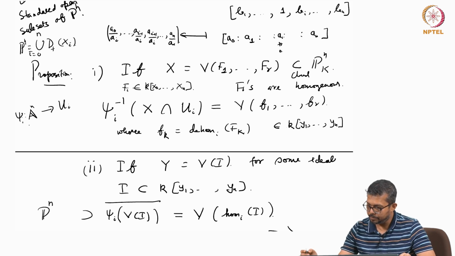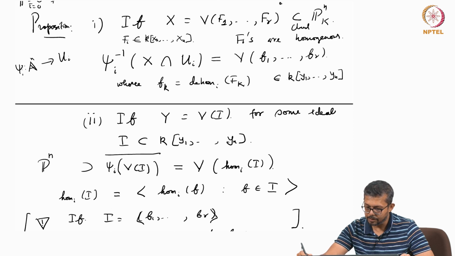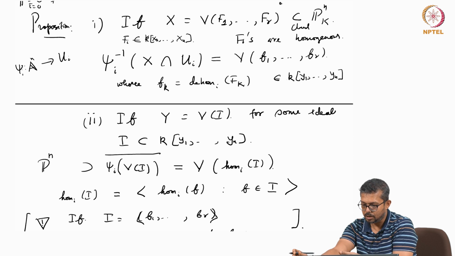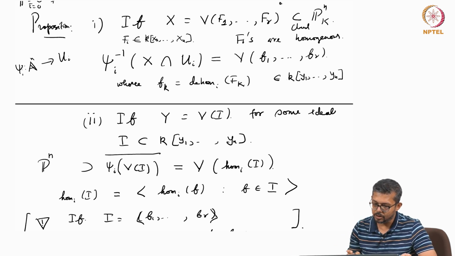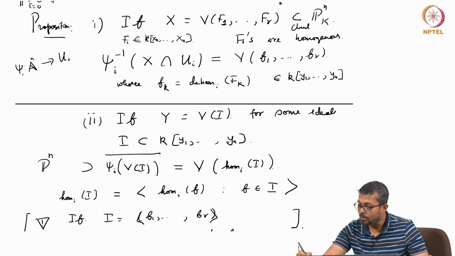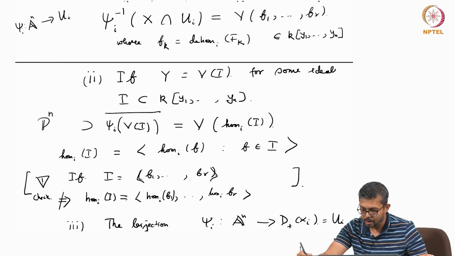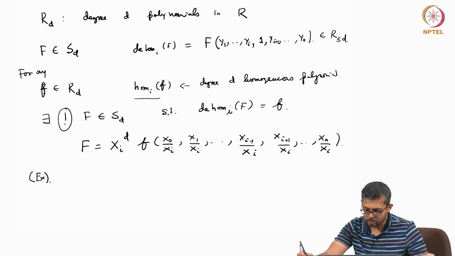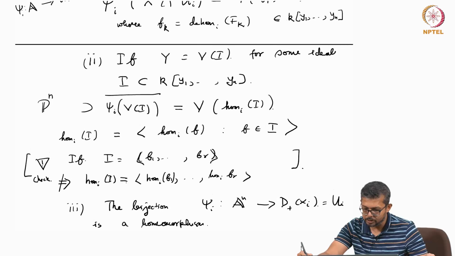And the other one says that if I start with some closed subset Y in An, then the closure of the image psi i of Y is the homogenization of I.